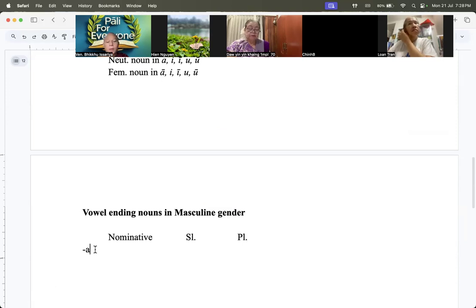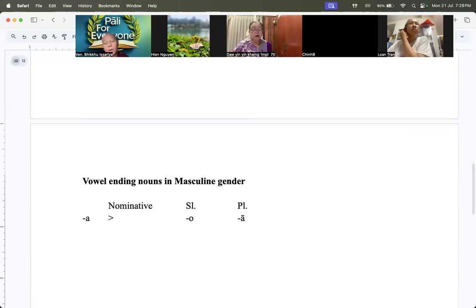In the masculine gender nominative case singular, the a changes to o. But in the plural, it becomes ā. For example, a masculine noun like Buddha means a male person. As a singular form it will be Buddho, but for plural, Buddhā, in this way.